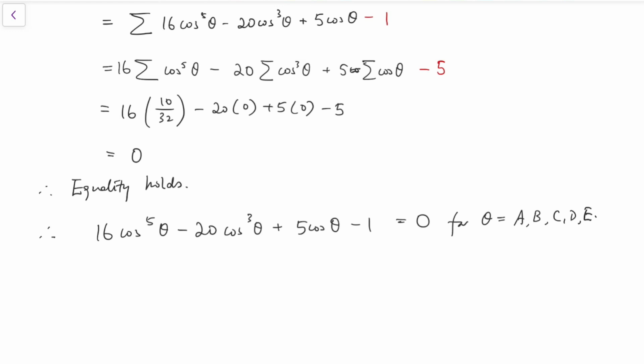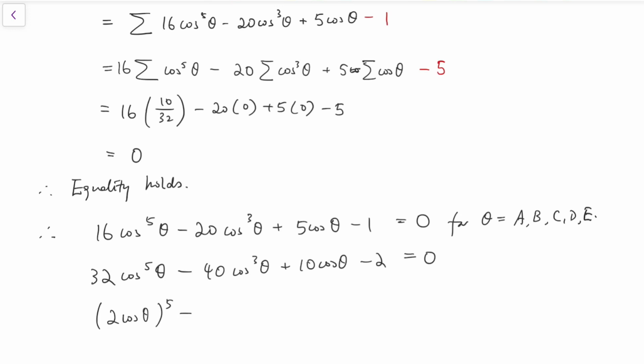Then we can try to rewrite this equation in terms of so-called 2 times cos theta. Don't forget about the fact that we're actually doubling the cosine. So first multiply both sides by 2. And we have 2 cos theta all to the power 5, since by multiplying both sides by 2, the coefficient here is 32, which is 2 to the power 5.